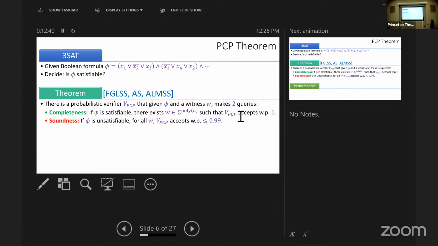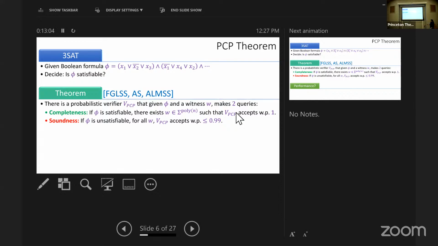So what the verifier is doing is sampling 2 locations in the witness, reading these 2 locations, and based on it, deciding to accept or reject. And the performance of this verifier is the following. If phi is satisfiable, V_PCP always accepts.